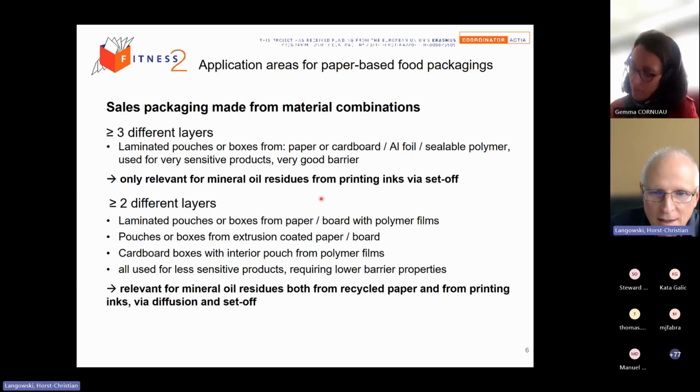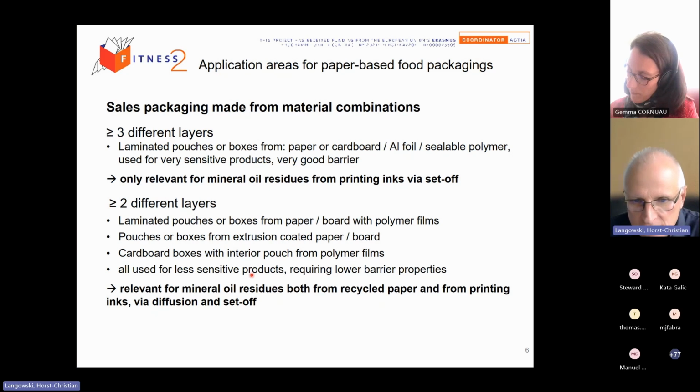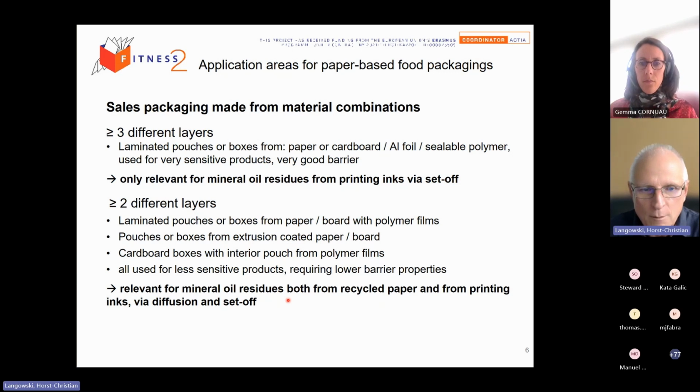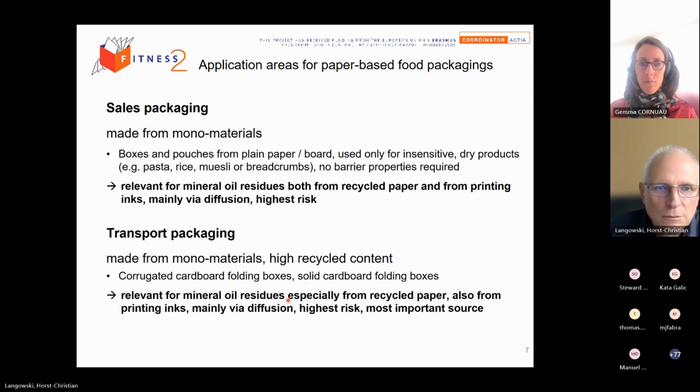So all these are used for less sensitive products, but because they are used for less sensitive products, they also have a lower barrier, and therefore they are more relevant for mineral oil residues because they may permeate through the package and therefore contaminate the product inside.